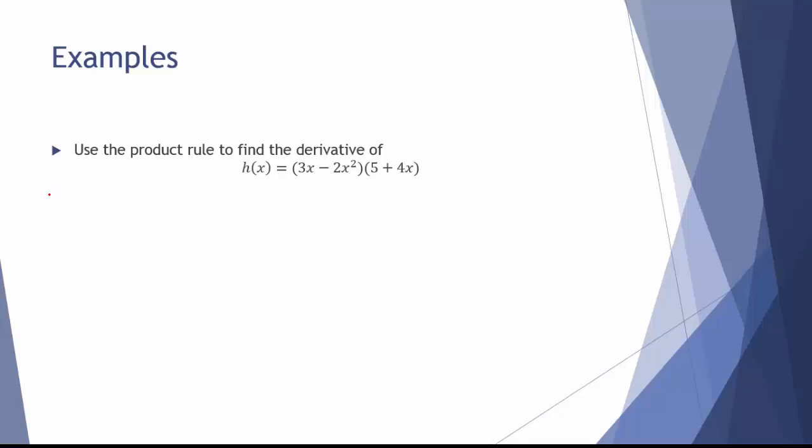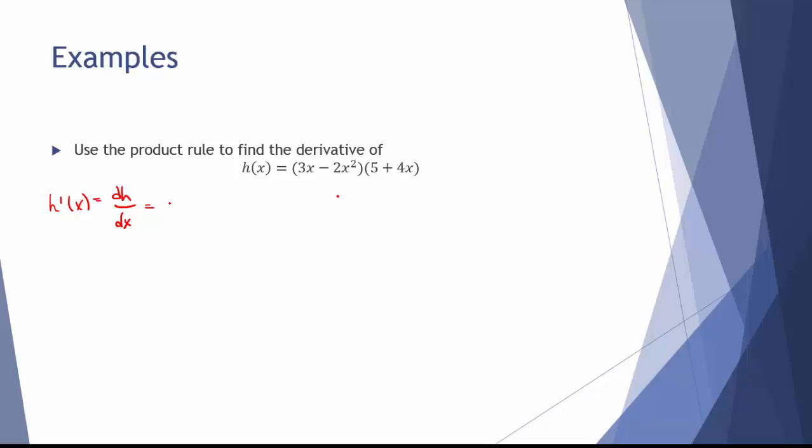So this derivative will either be h prime of x or dh dx, depending on which notation you're using. Since we're using the product rule, my first function will be 3x minus 2x squared, and my second function will be 5 plus 4x.